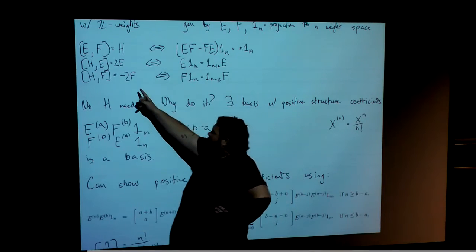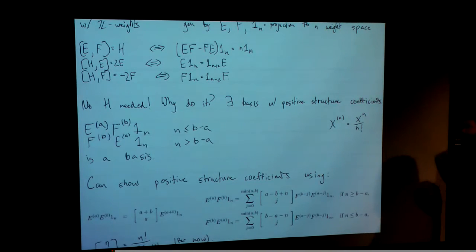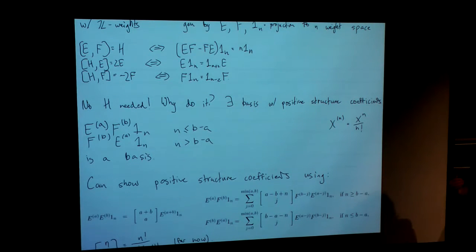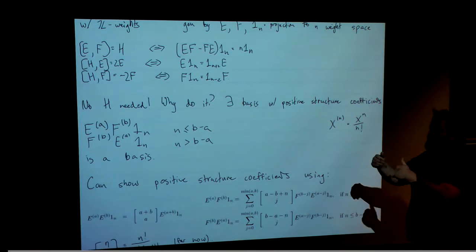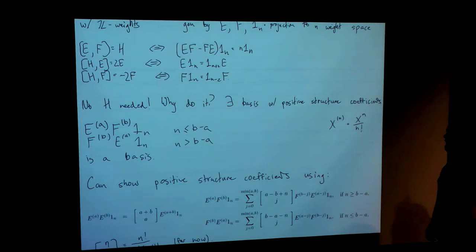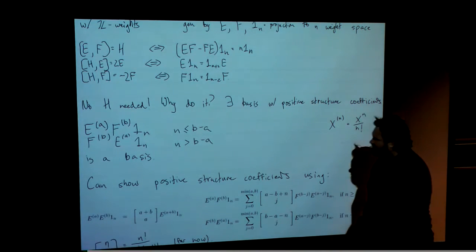You'll note that writing these equations always involves a bunch of minus signs. There's no good way to rearrange things such that everything stays positive, because for any SL2 representation, there are always positive eigenspaces for H and negative eigenspaces for H. So it will always be impossible to write down a basis where H acts with positive structure coefficients. If I want elements in my algebra that have positive structure coefficients, I have to substitute for H. And now this is okay, I have these projections that can easily act with positive structure coefficients.